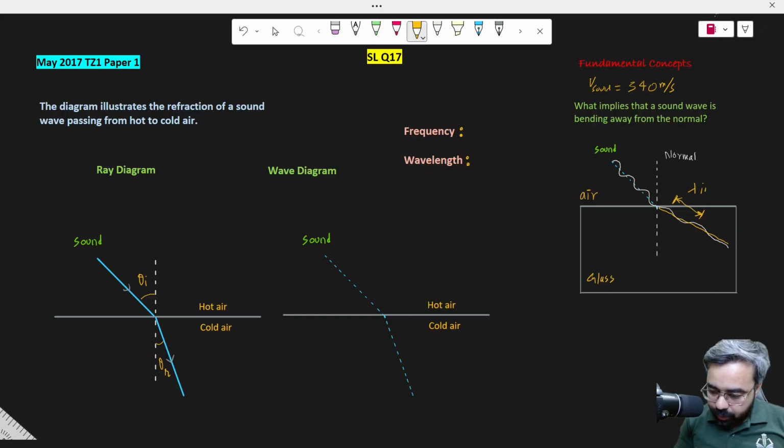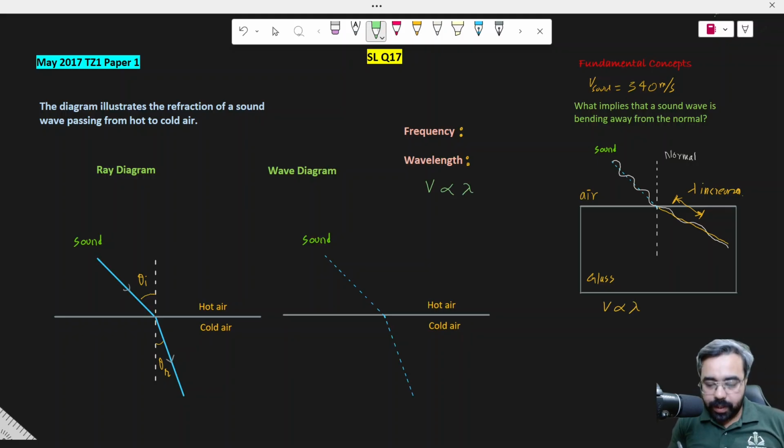So the wavelength always increases whenever the speed increases. So the speed and the wavelength are directly proportional. If the speed and the wavelength are directly proportional, their ratio, which equals frequency, never changes during refraction because the ratio remains constant.